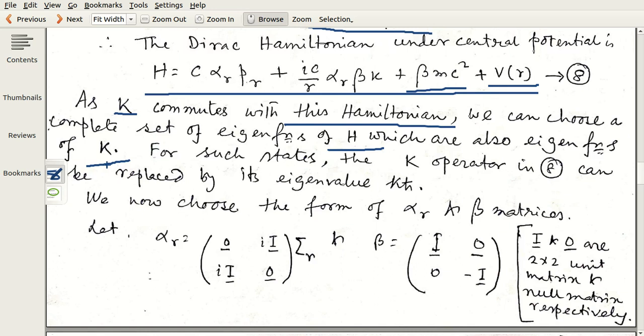Now, if we choose those eigenfunctions for the Hamiltonian which are also eigenfunctions of K, that means those eigenfunctions diagonalize both the Hamiltonian operator and the K operator, then the K operator in this equation is replaced by its eigenvalue K into H cut.